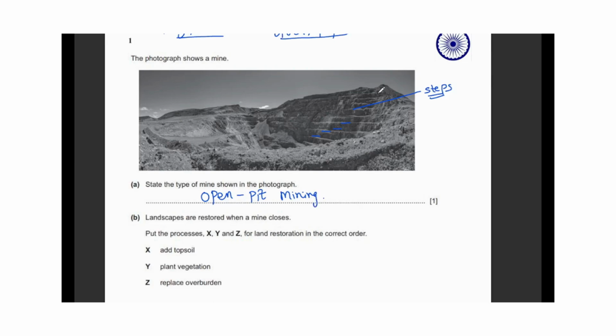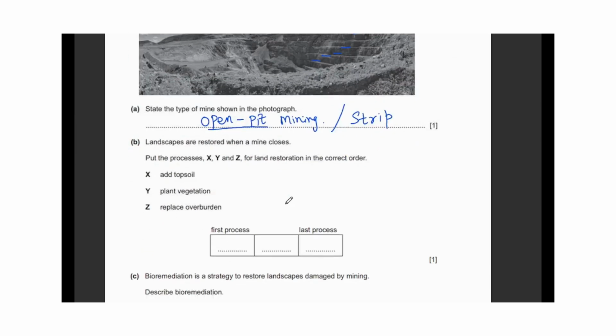But you will say that, sir, the steps are there, that means it can be called strip mining also. Yes, of course, you can call it strip mining also, completely fine. Surface, strip or open pit mining, all the answers are accepted, but please remember, write only one type of mining here. That was a bit easier.